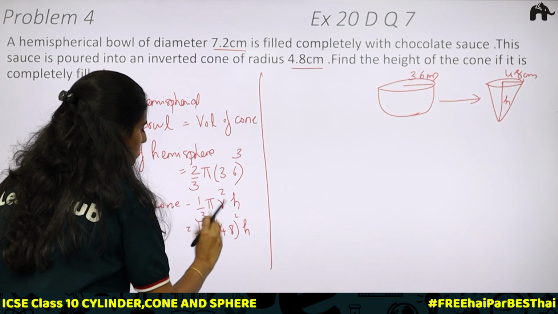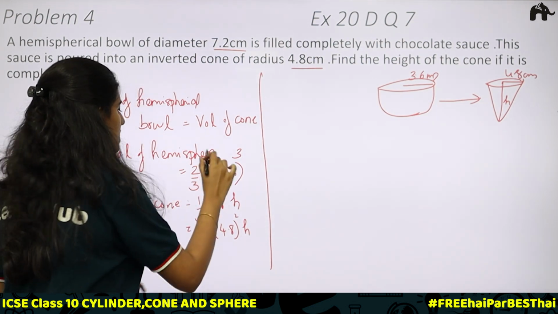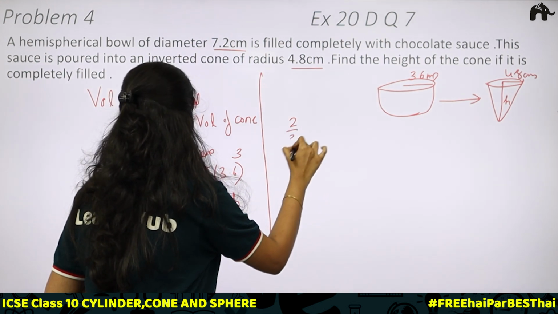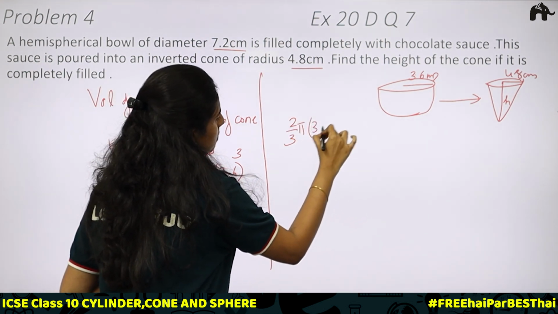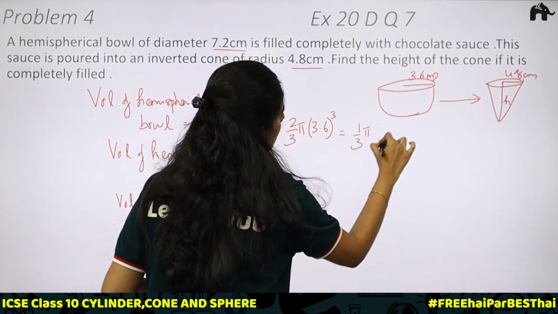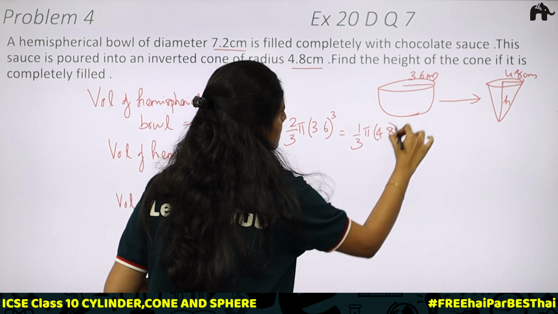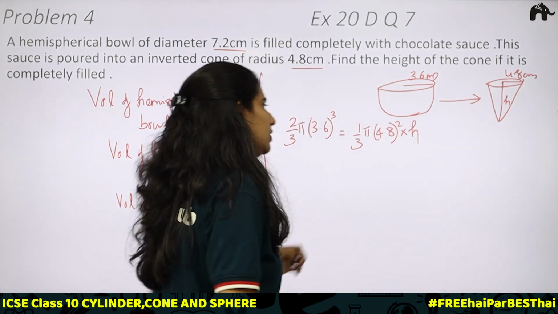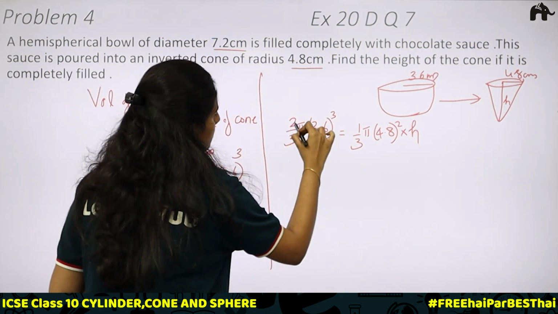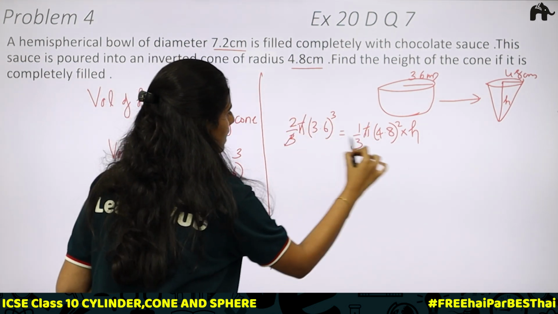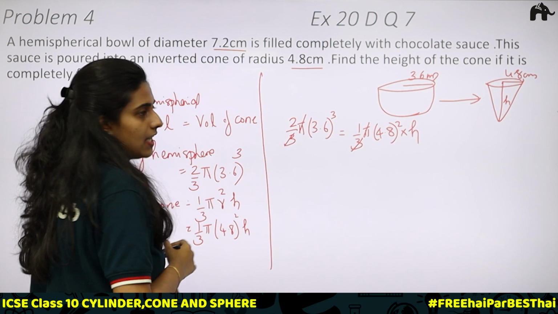Here we don't need to put the pi value, which can be easily cancelled. Equating, we get 2 by 3 pi 3.6 cube is equal to 1 by 3 pi 4.8 square into h. h is the height of cone which we need to determine. Pi can be cancelled. 3 which is there in the denominator can be cancelled.